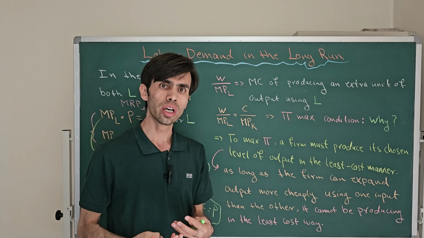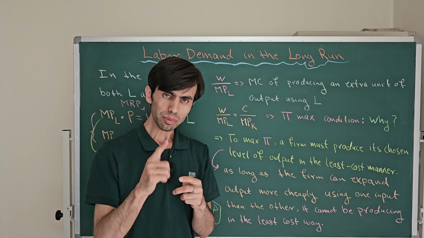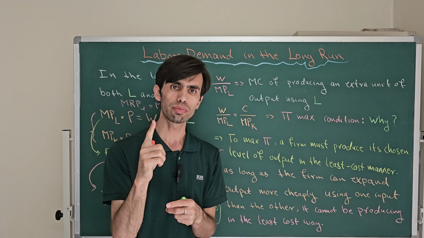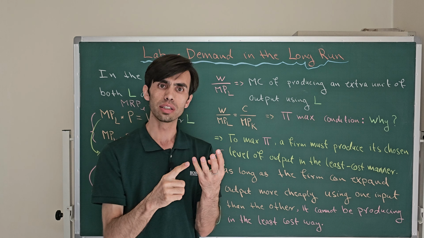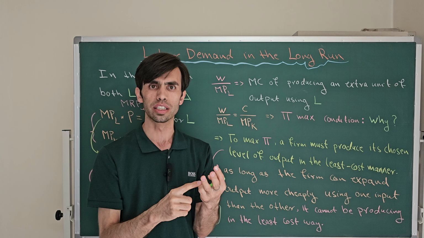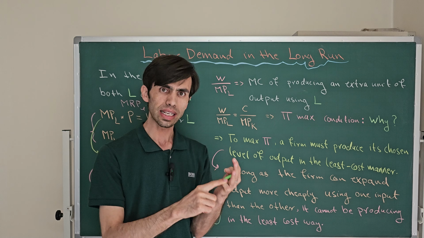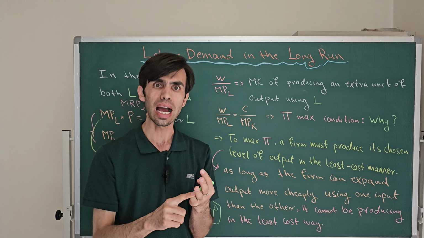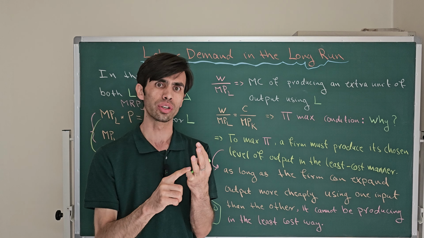It means now you can produce one extra unit of output $2 cheaper with labor than using capital.